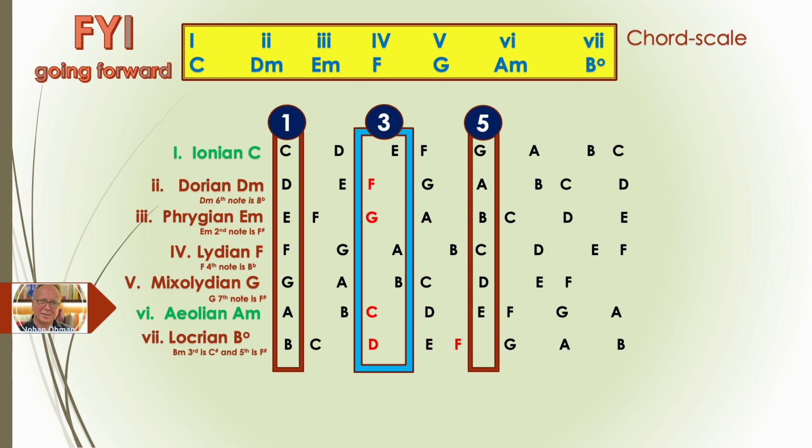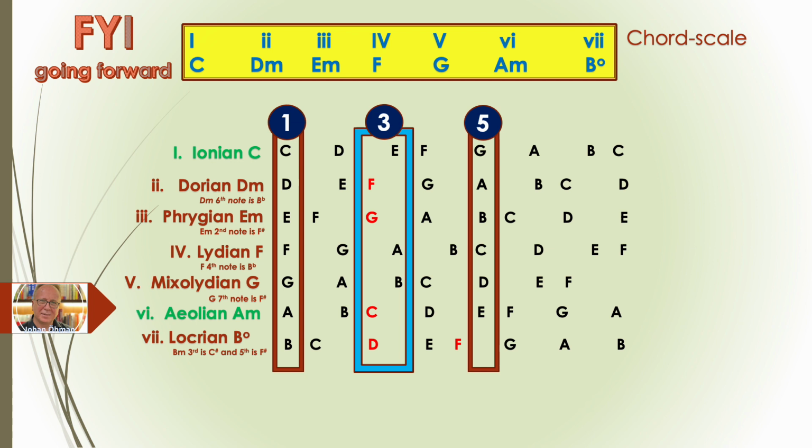And if you have lowercase Roman figures like you have in 2, 3, 6 and also 7, that would indicate a minor chord. But the 7th is not really a minor chord, it is a diminished chord, and sometimes on a 7 you will have the small o on top there, just to indicate that it is a diminished chord.